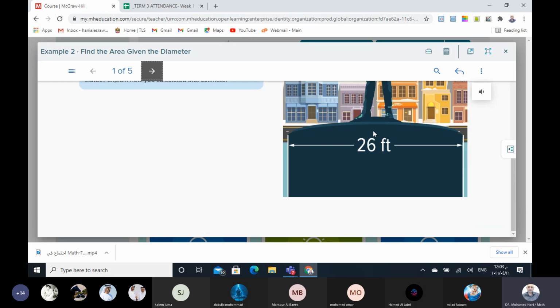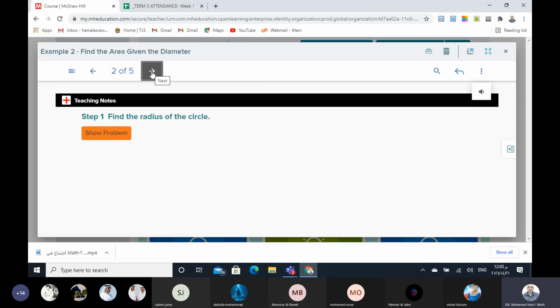As you see, this is the statue, and here we have a circle, and here we have the diameter, not the radius. The diameter here is 26 feet. So what do I do to find the area? The first step, find the radius of the circle. How to find the radius?